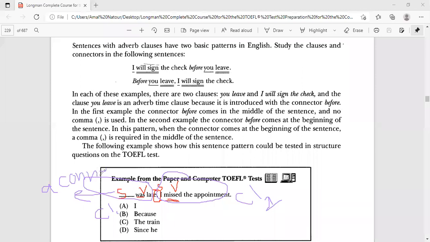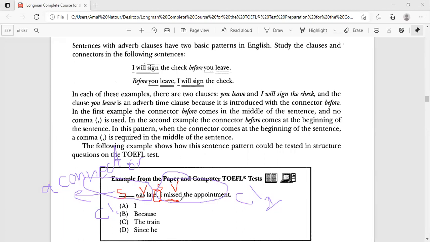So I look at the multiple choices here and see which one of these has a subject and a connector. In this example, you should recognize easily that there is a verb, was, that needs a subject. There is also another clause here, I missed the appointment.